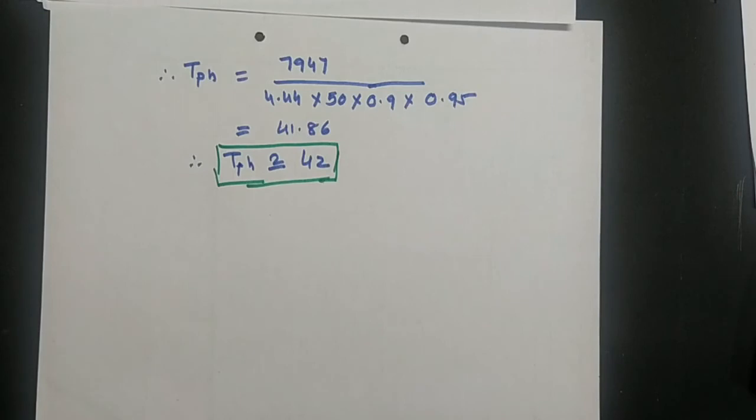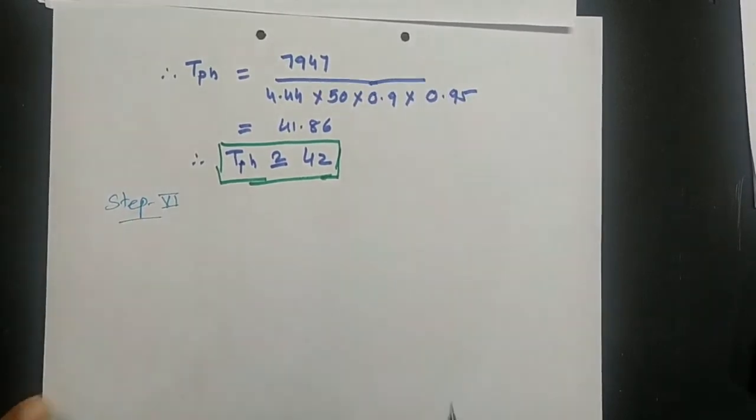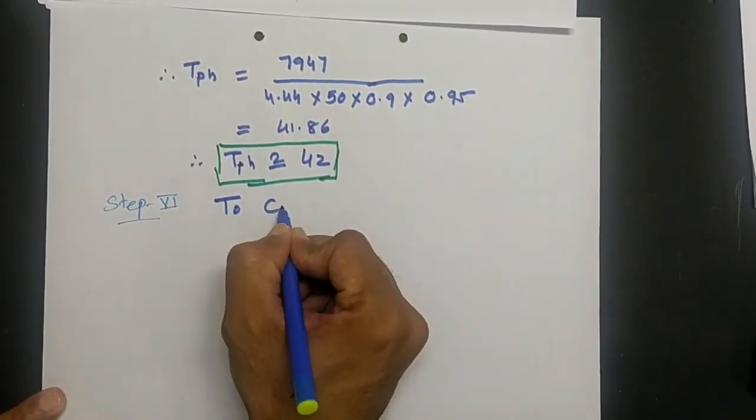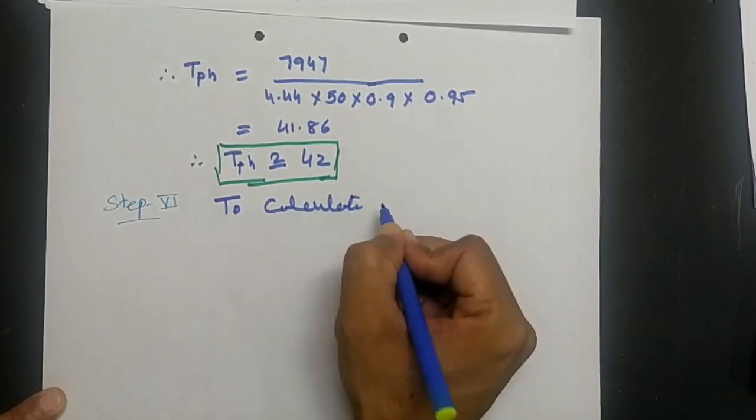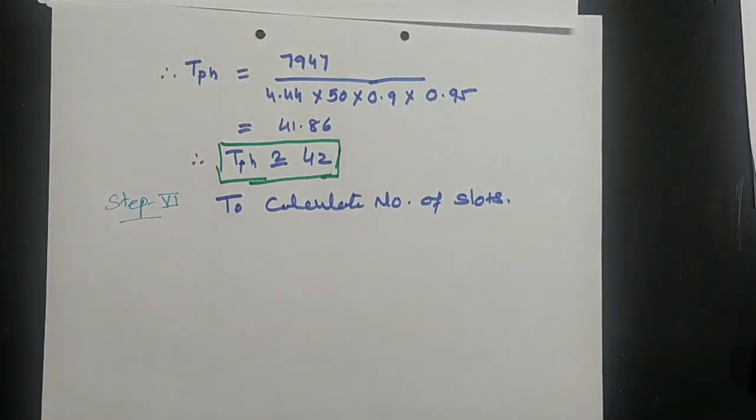In step number 6, that is our last step, we calculate the number of slots. If the number of poles is 4, we can take the number of slots per pole per phase as 3.